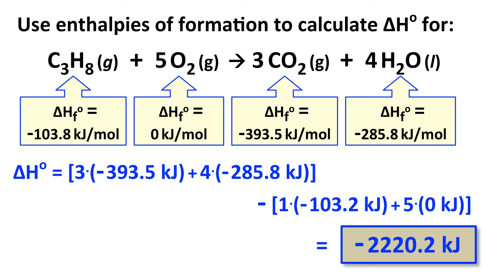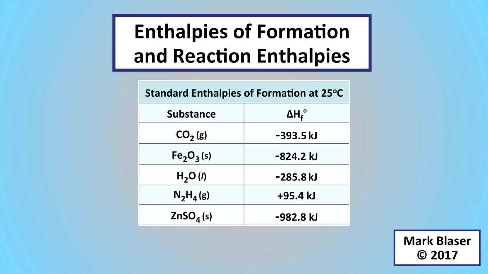So we can get a delta H of formation from a delta H of reaction and some other delta H's of formation as well. That's the vice versa part. And that is it for the enthalpies of formation and reaction enthalpies screencast.